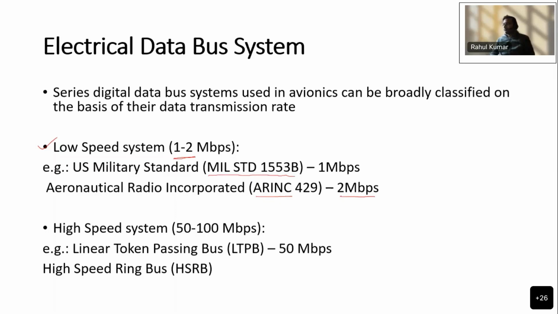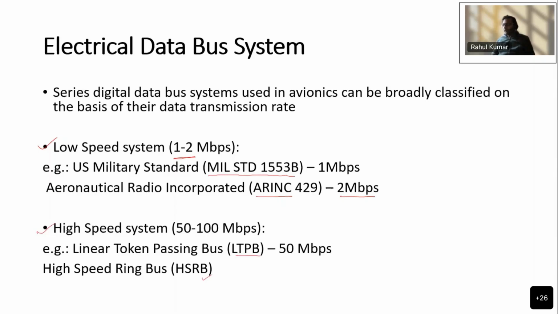Okay. The high speed data bus system, something like LTPB, linear token passing bus, and high speed ring bus, HSRB, they have a transmission data rate of around 50 to 100 Mbps.